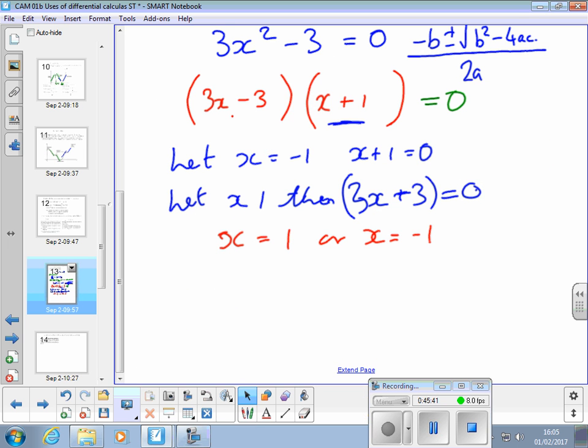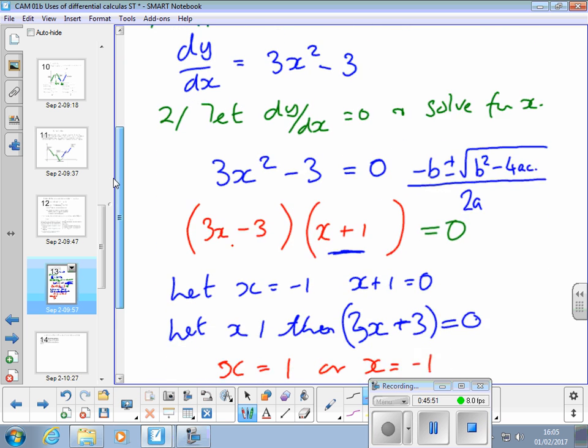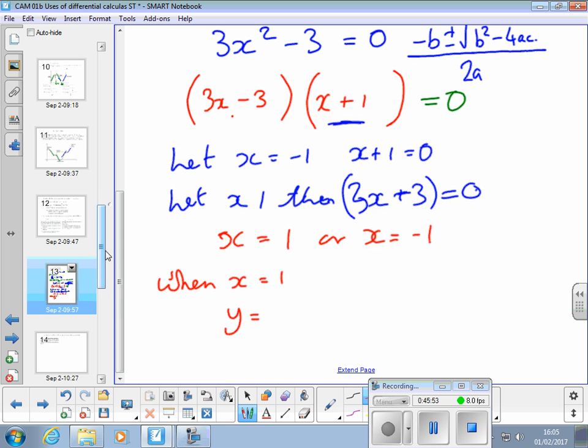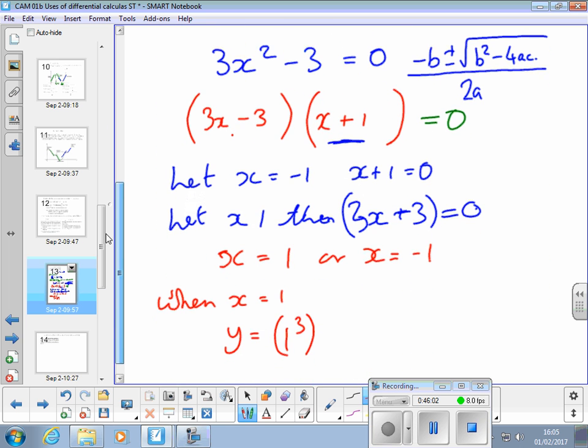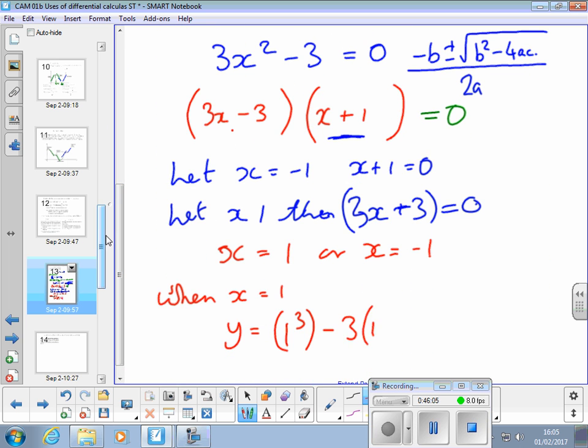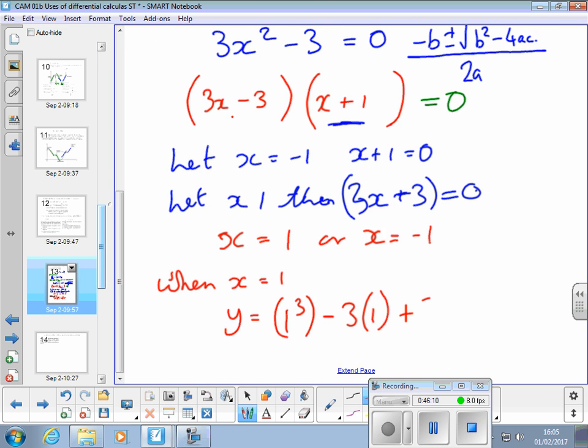So what we do is, when x is equal to 1, y is equal to, and the original function was x cubed minus 3x plus 5. 1 cubed is 1, minus 3 times 1 is minus 2, plus 5 is 3.